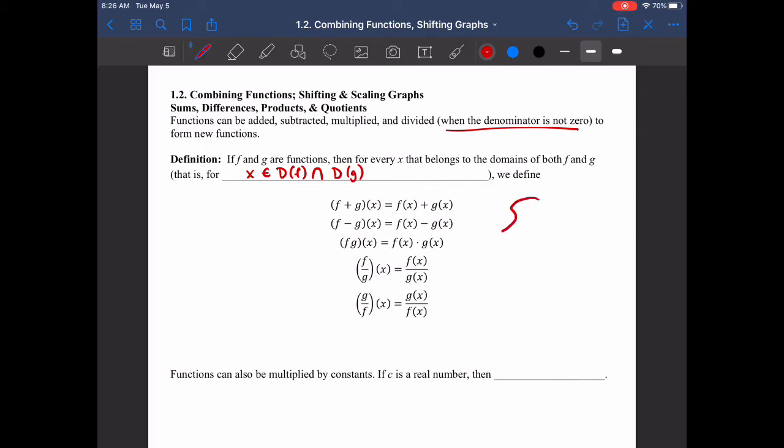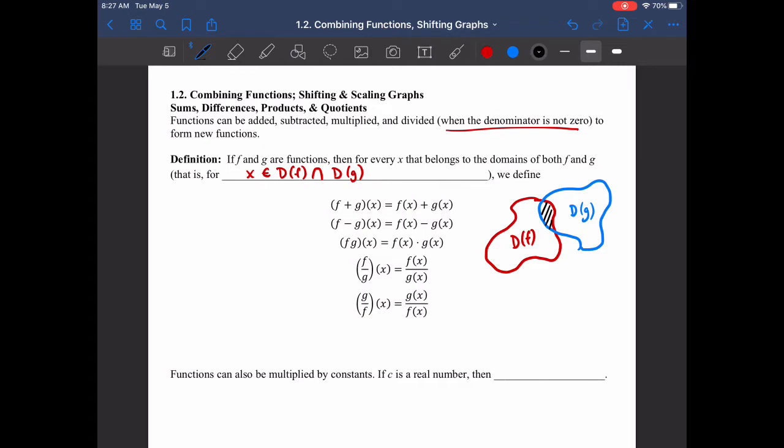So if, say, for example, this is my domain of f, and this over here is my domain of g, then when I add or subtract or do something with them, I'm going to end up getting the domain to be that intersection.